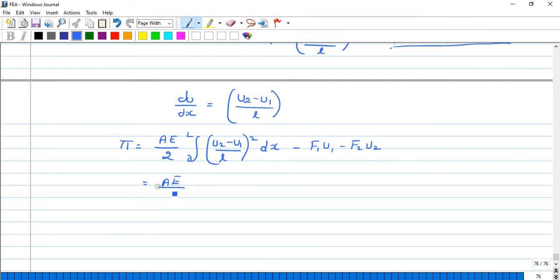A by 2 ((u2 minus u1) by L) whole square, and this will be L.